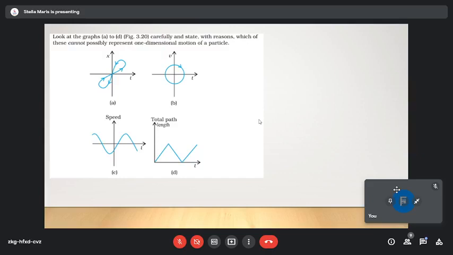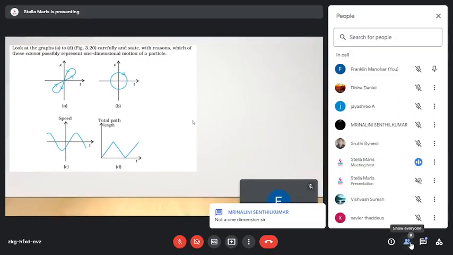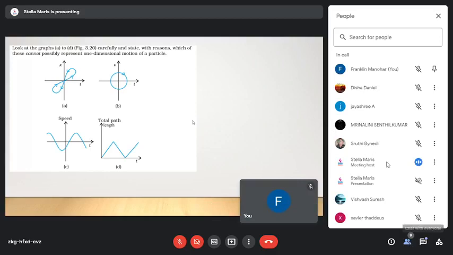Anybody? Come on, you can try. This is just an interactive session. You are here to learn. That's all. Anybody want to try? Thank you, Mrinalini, for your participation. What about Disha or Shruti? Can any of you participate?